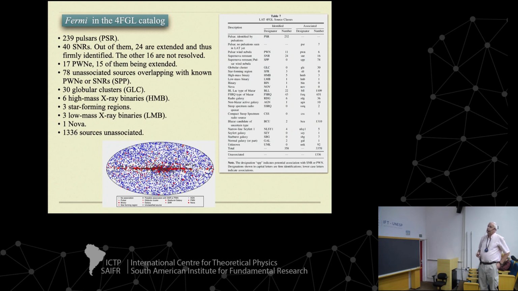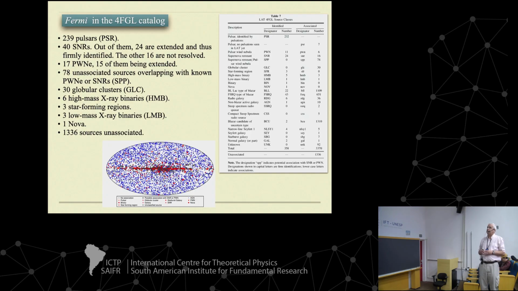And then we have a lot of supernova remnants. 24 of them are extended, so the morphology has been determined, and so they are firmly identified. And there are another 16 supernova remnants that are not resolved, but are positionally coincident with the radio and X-ray counterparts of these sources. So we are pretty sure that these are also supernova remnants.